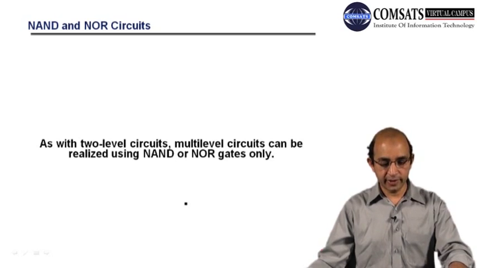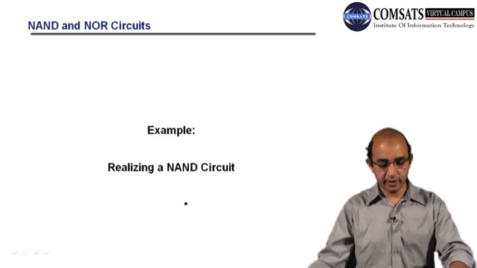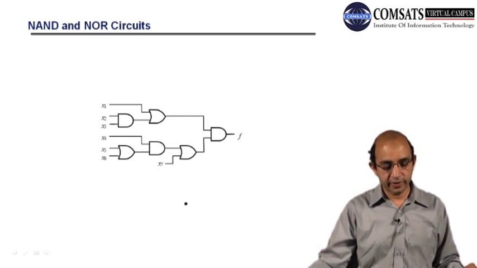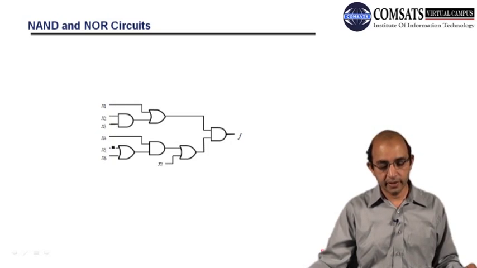Let's start from the 2-level design. Here we have the circuitry. You can see we have 7 different inputs, and we have to convert that design into an all-NAND design. So what is the procedure?